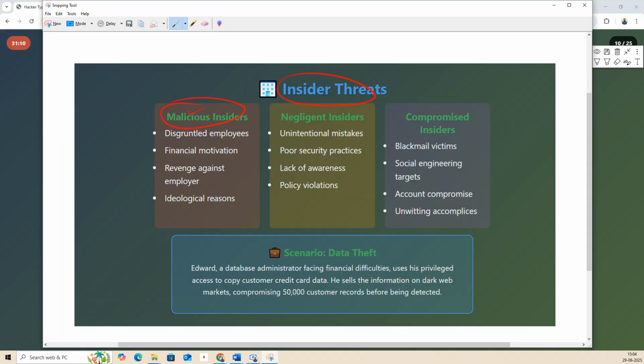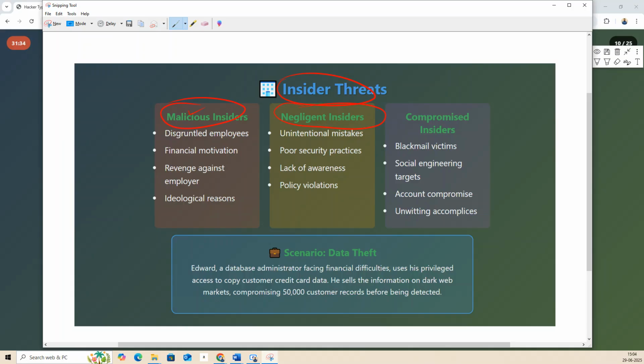Moving to negligent insiders. Who are these insiders? Negligent insiders aren't trying to cause harm, but they do anyway through carelessness. They make unintentional mistakes: clicking on phishing links, misconfiguring security settings, or accidentally sending sensitive data to the wrong recipients.